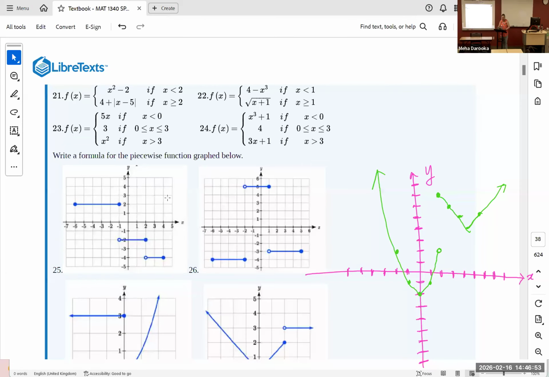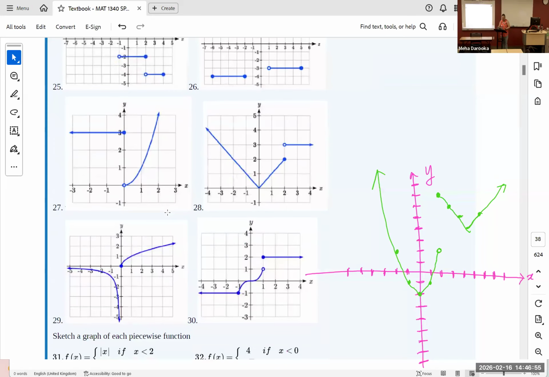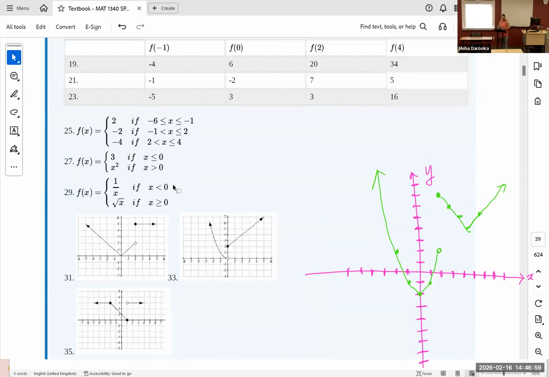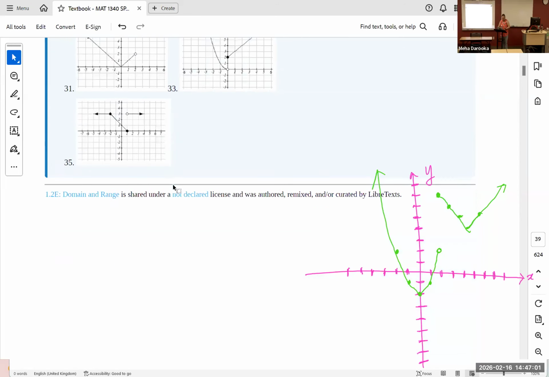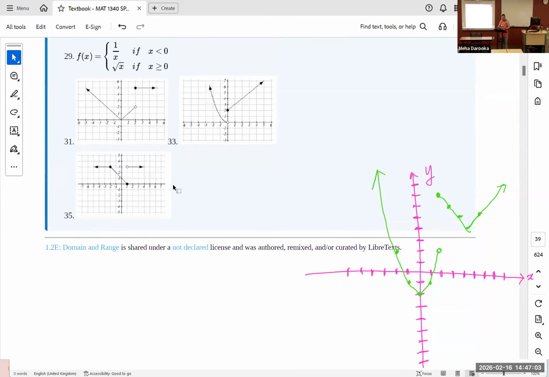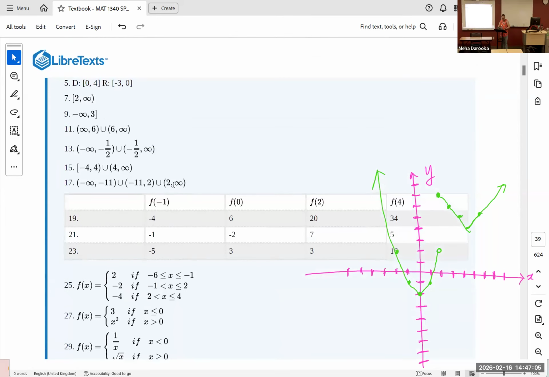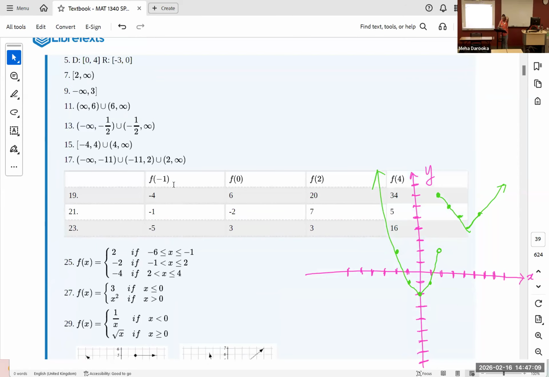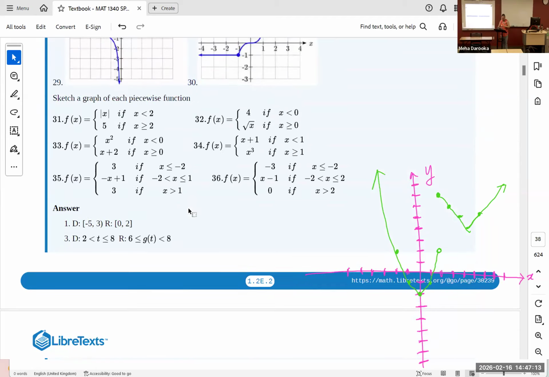So that's why you will see in our textbooks when we do the graphs for these, we always use those open and closed circles, and we should be able to see the, okay, looks like they didn't give us the graph, they just gave us the points here, but that's fine.